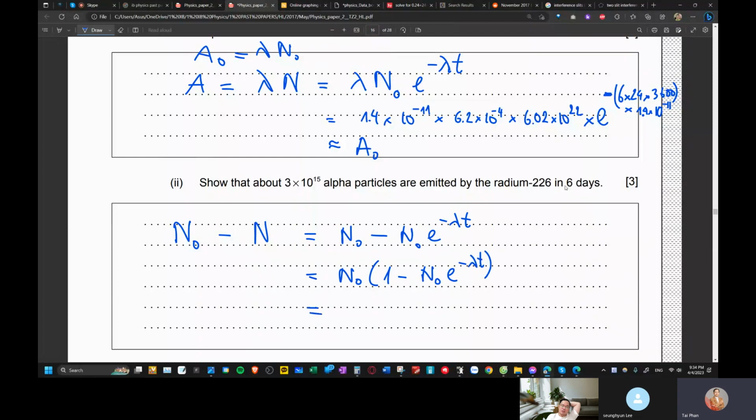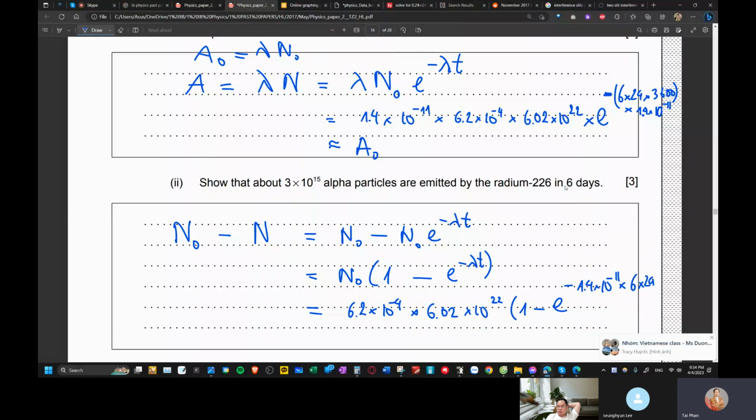N0 is the number of moles, 6.2 times 10 to the negative 4, multiplied with Avogadro's number, 6.02 times 10 to the 23. Then 1 minus e to the power of minus lambda, 1.4 times 10 to the negative 11, multiplied with 6 days, 24 hours, 3,600 seconds. And that will be about this value.